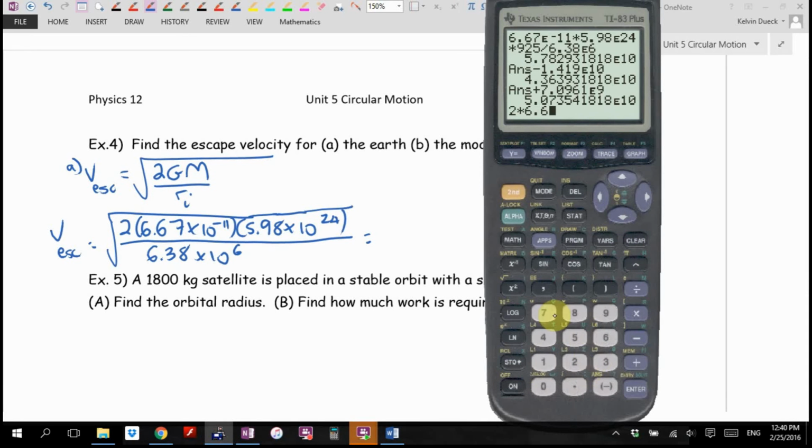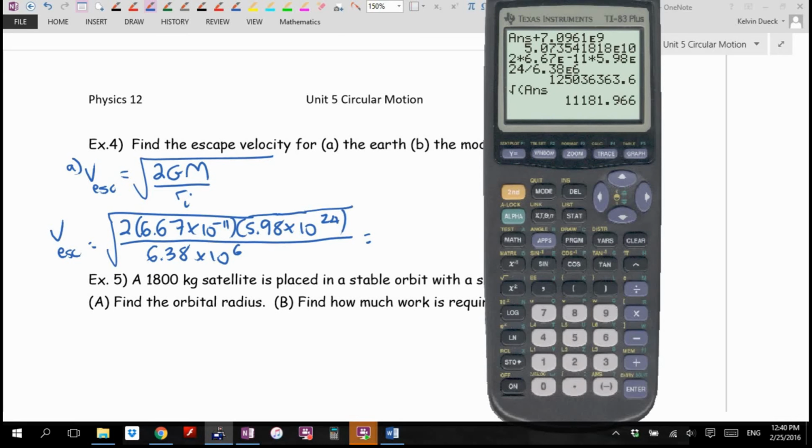Times 6.67 times 10 to the negative 11 times 5.98 times 10 to the 24th divided by 6.38 times 10 to the 6th. That's too big. Oh, square root. You actually get a pretty nice number. It's just past 11,000 meters per second.